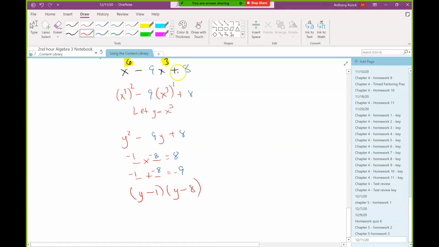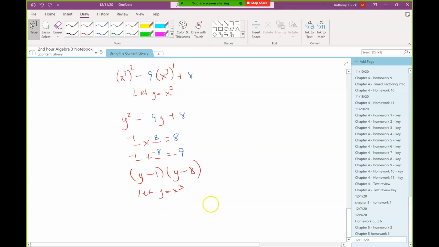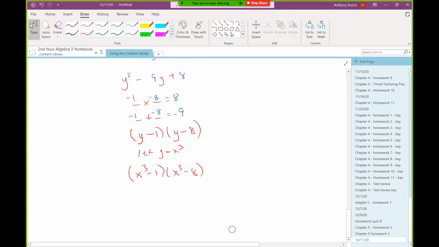And if I look at each of these, x to the third minus 1 looks like a difference of two cubes, where my a is x and my b is 1. So when I apply my difference of two cubes formula, I get that. And x cubed minus 8 is also a difference of cubes, where my a is x and my b is 2.